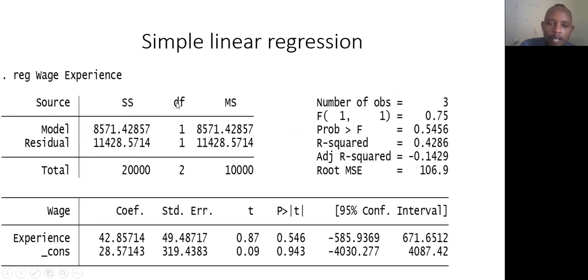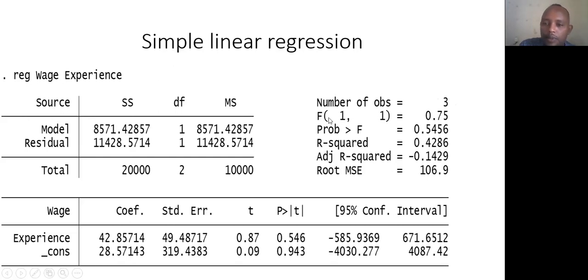Degree of freedom is here. When you divide this by the degree of freedom, it gives you the mean square. This value divided by this. And here it shows us the number of observations. It is 3, with 1 degree of freedom. The model's degree of freedom is 1. The residual's degree of freedom is 1.